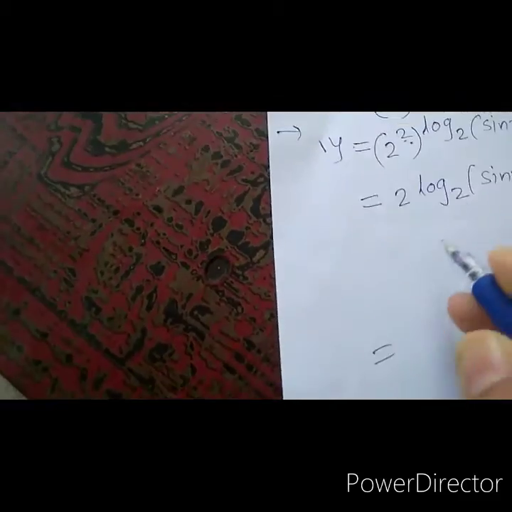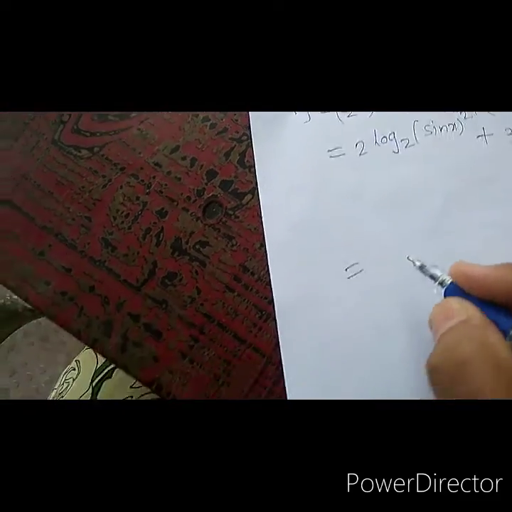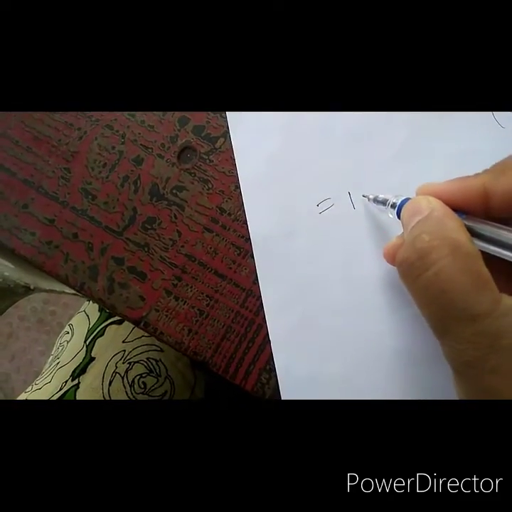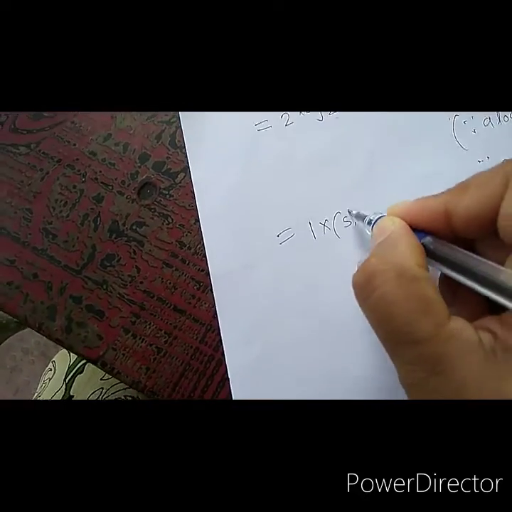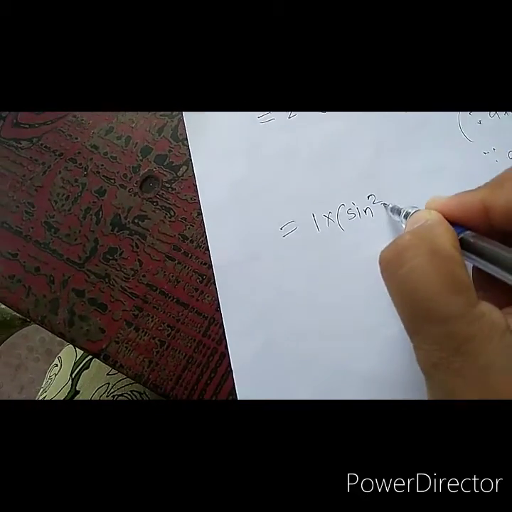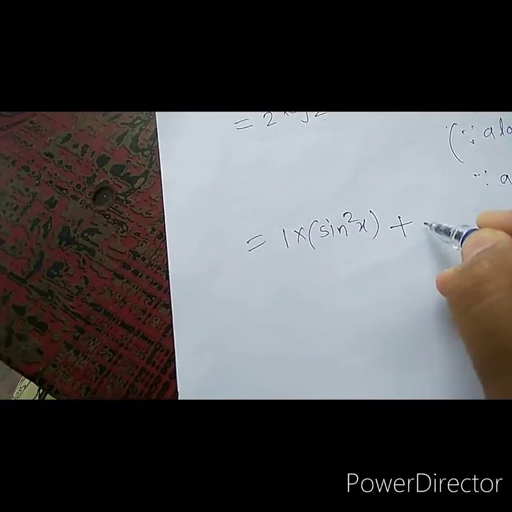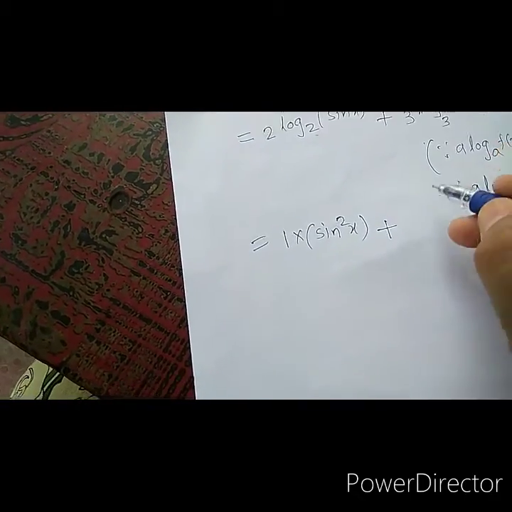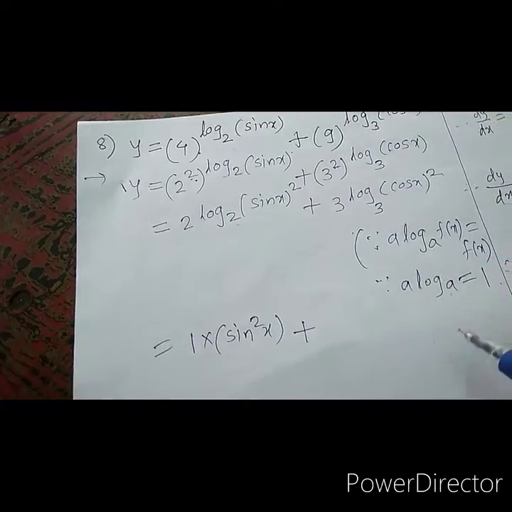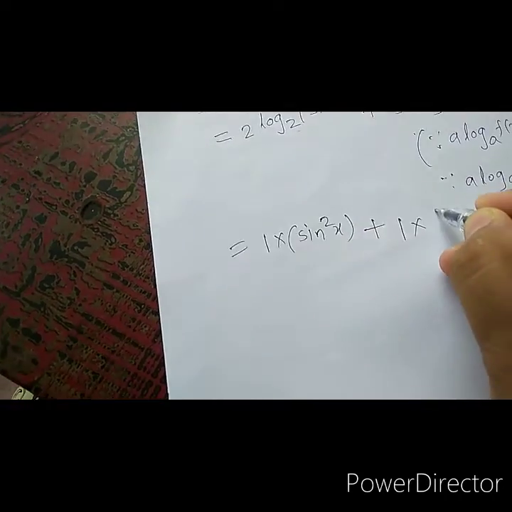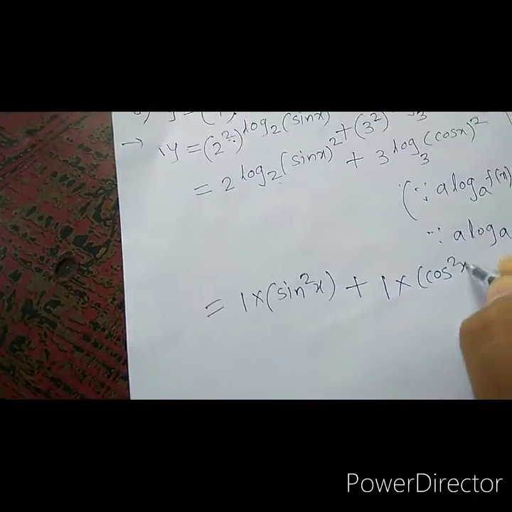Therefore here 2 raised to log of 2, that is 1, by using this formula, 1 into sin square x. Sin x square means sin square x plus 3 raised to log of 3, that is 1 into cos square x.